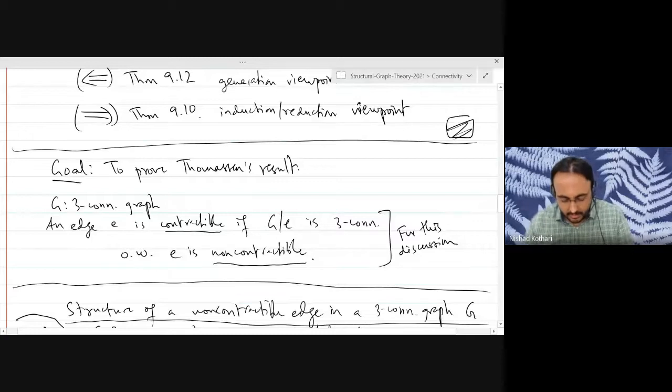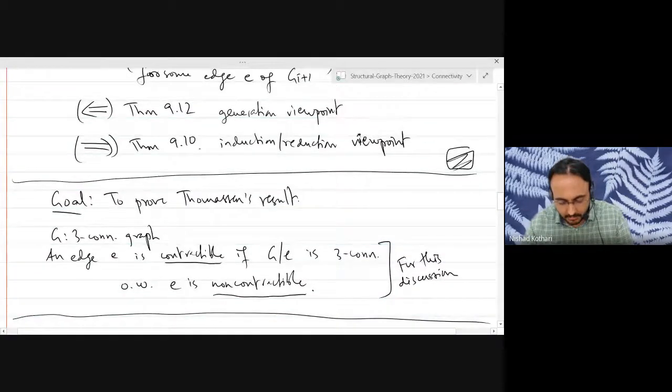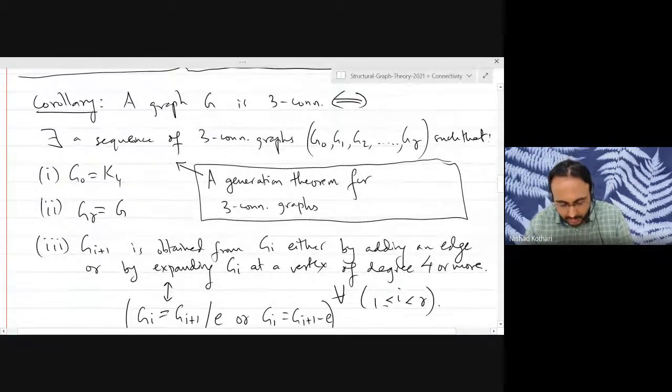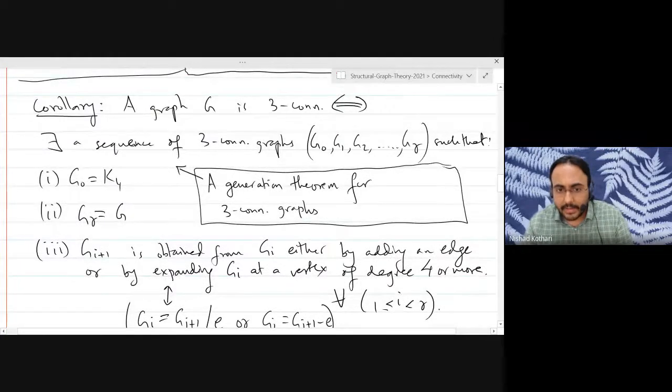All right. So we have finished proving Thomassen's theorem, and I want to go back to this consequence. It gives us a generation theorem for 3-connected graphs. What is it saying? For any 3-connected graph, you can start from K4 and keep adding edges or expanding vertices to construct your desired 3-connected graph.